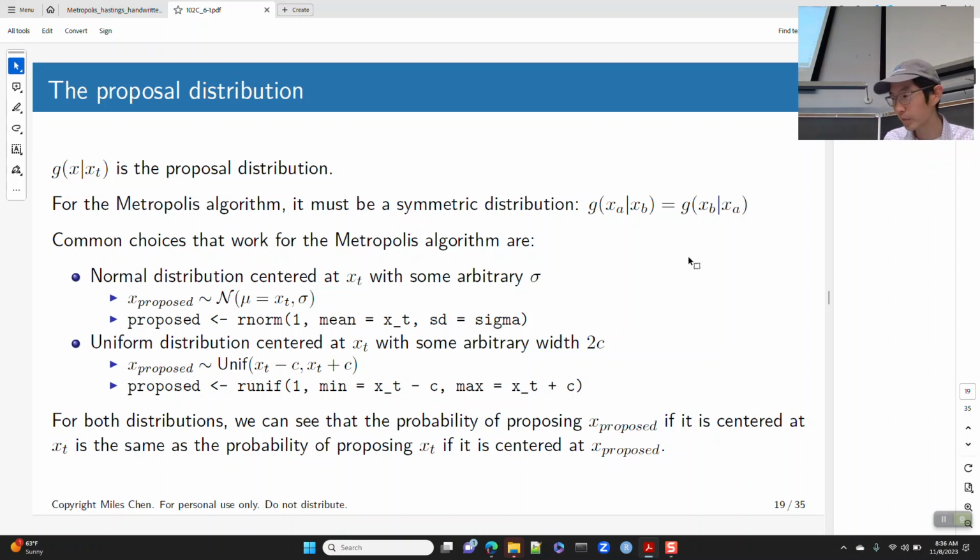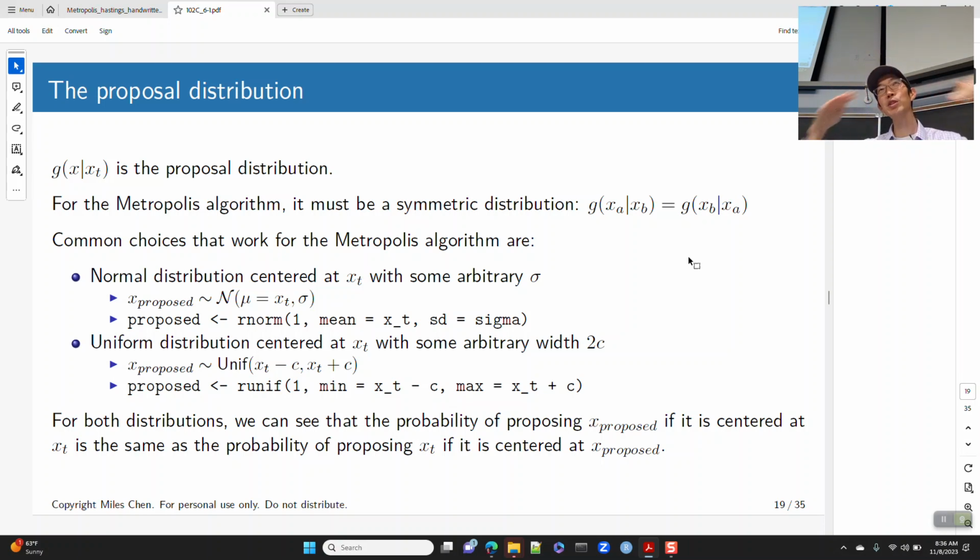Okay. For a continuous distribution, we can't use a coin flip anymore. We have to be able to propose values here. And so I would say some common choices that could work would be a normal distribution centered at x_t with some arbitrary sigma value. So if you start off at location, let's say 4, now you will use a random normal distribution.